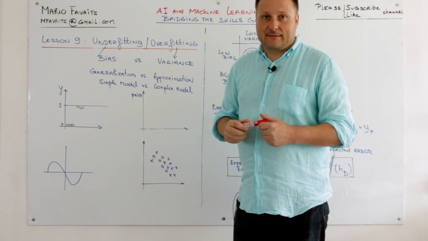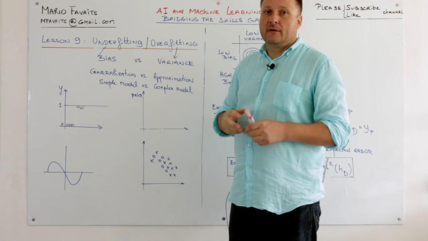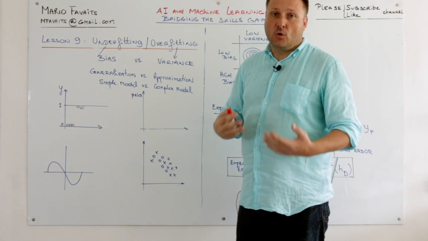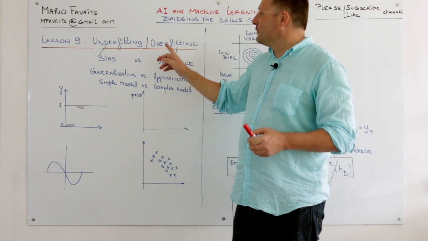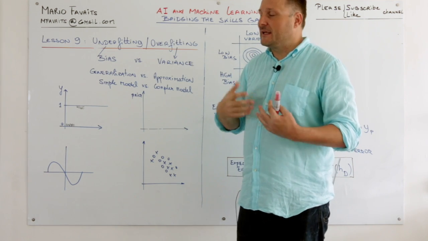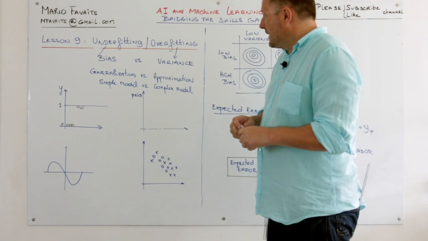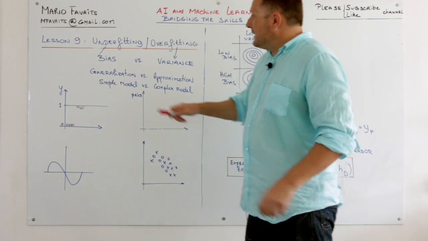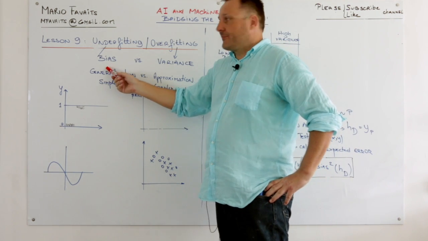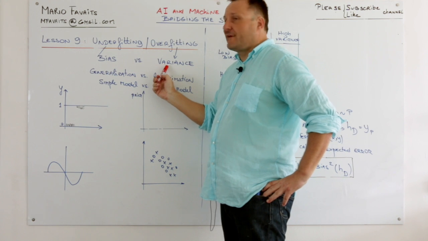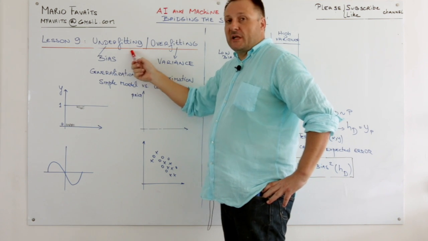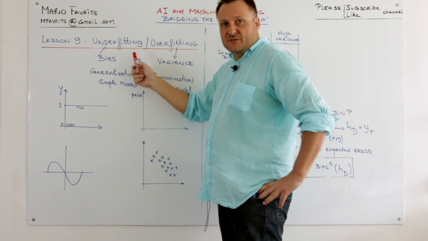As a data scientist, you will deal with underfitting and overfitting all the time. You're going to mainly deal with overfitting. It's very easy to overfit your data. Underfitting is sometimes called bias, whereas overfitting is called variance. And there is a trade-off between these two.